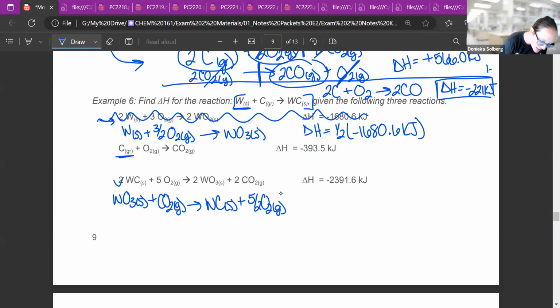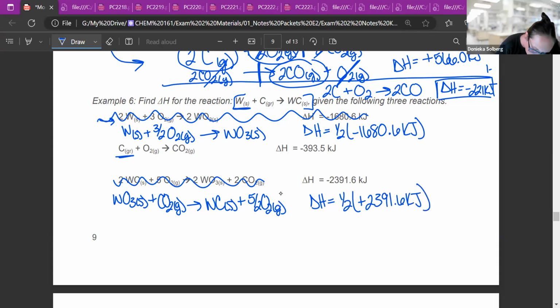So I flipped it, and I halved it. So my delta H is now going to be 1/2 of positive 2391.6 kilojoules. I flipped and halved it. Now that's gone. So now these are my 3 reactions.